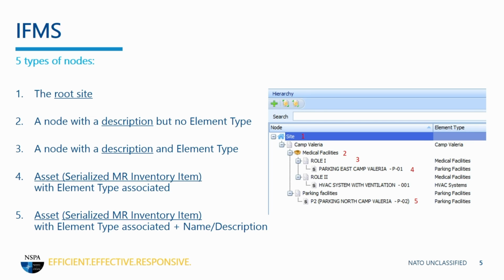Number 4, an existing asset within our PAO structure with an element type associated. Number 5, an existing asset from a PAO structure with an element type associated and a name or description added to the description of the node.